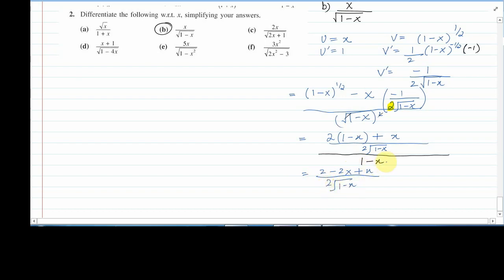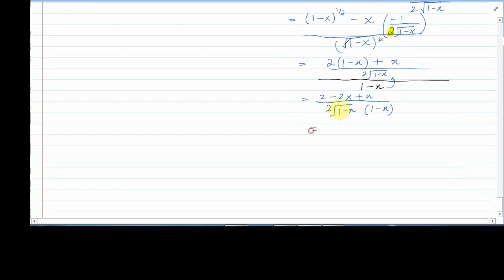This 1 minus x will be shifted to this side, and it will be multiplied with 1 minus x. Now it will be 2 minus x divided by 2, (1 minus x), (1 minus x). Both sides we have same bases, right?